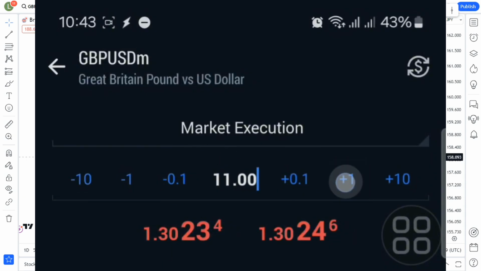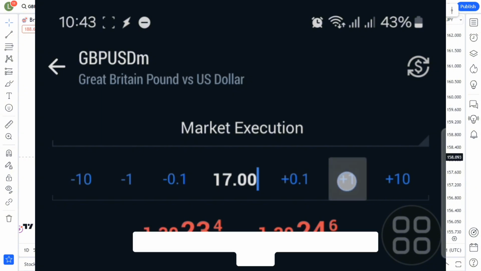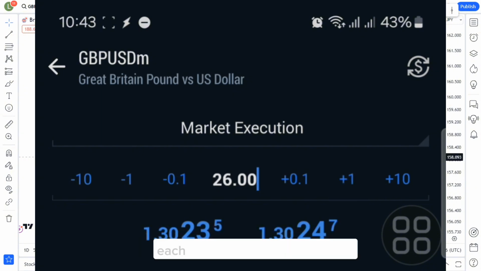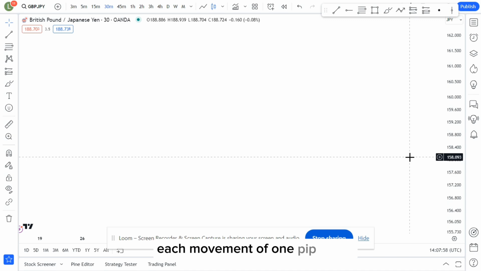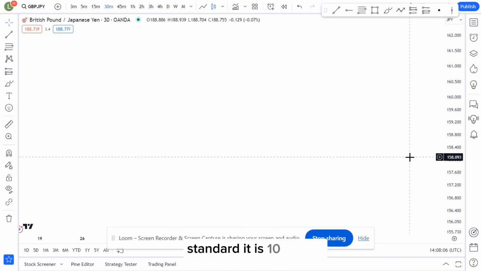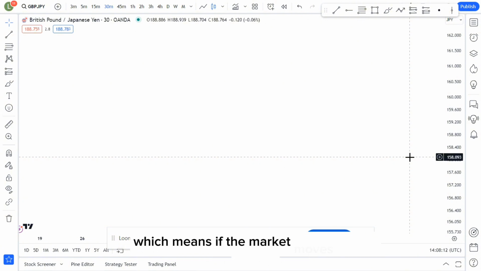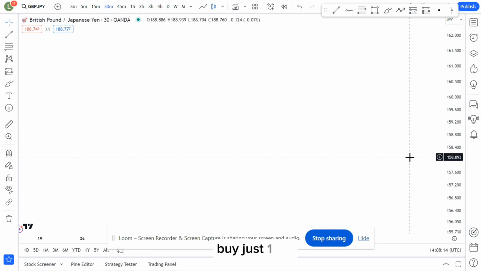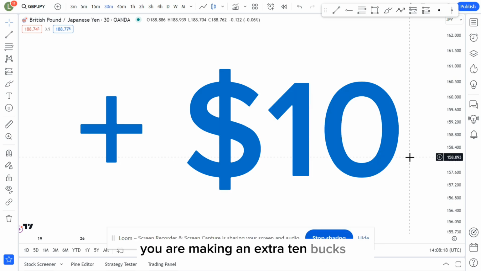You can buy or sell as many standard lots as possible if you have the money. If you pick a standard lot size to trade, each movement of one pip is $10. Some currency pairs may not be up to $10, but for standard it is $10, which means if the market moves in your favor by just one pip, you are making an extra $10.